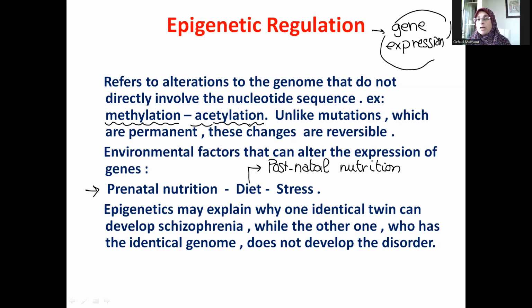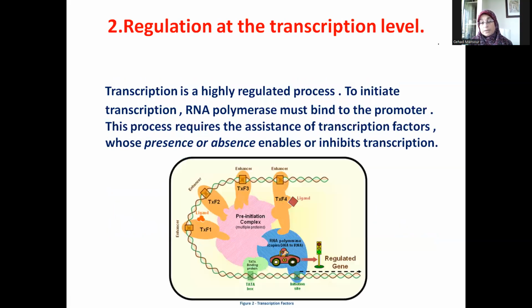This is what we call plasticity. So epigenetic regulation is related to plasticity, because plasticity is a change in gene expression due to environmental factors. And at the same time, you didn't make any change in the sequence of nucleotides on DNA, and that's why epigenetic regulation is completely different from mutations. It's not a type of mutation.